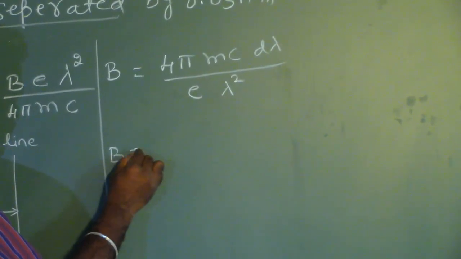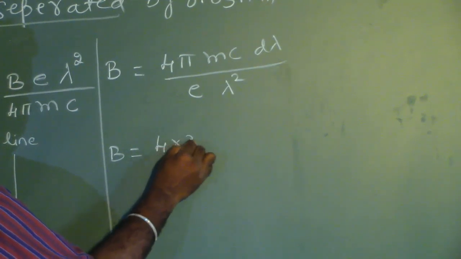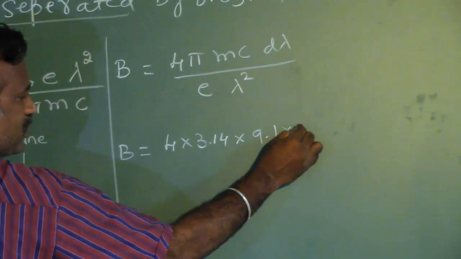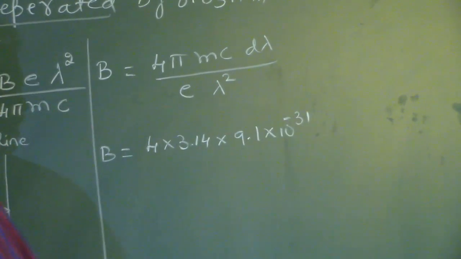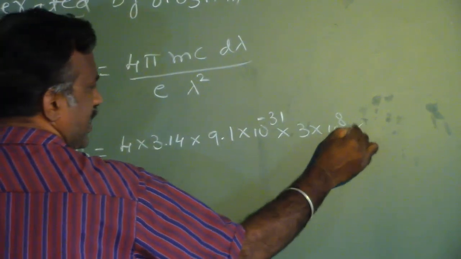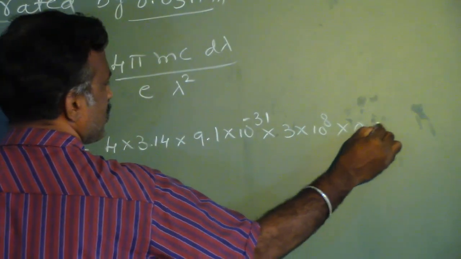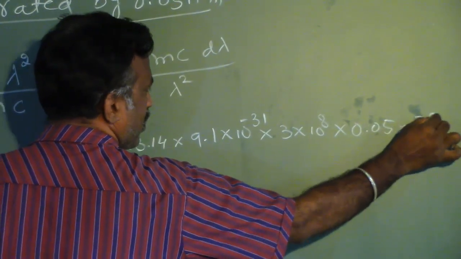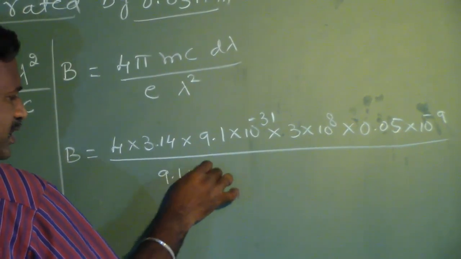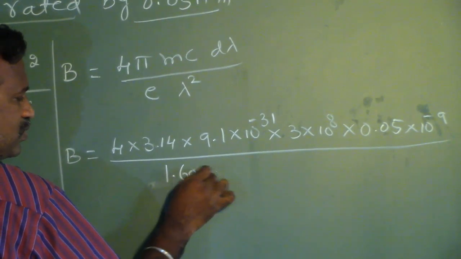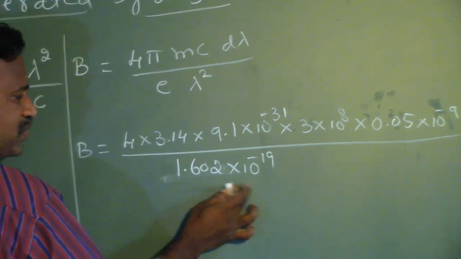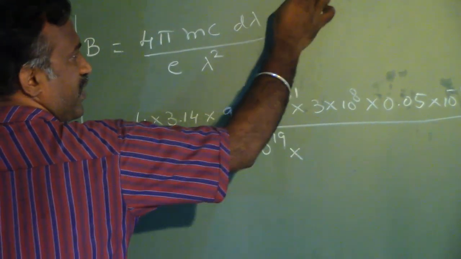Now substitute the values of the given data: 4 into 3.14 into the mass of electron, 9.1 into 10 to the power of minus 31 kg, into the speed of light, 3 into 10 to the power of 8, and d lambda, which is given as 0.05 nano, meaning 10 to the power of minus 9, the whole divided by the charge of electron, 1.602 into 10 to the power of minus 19 coulomb, into 500 nanometer.